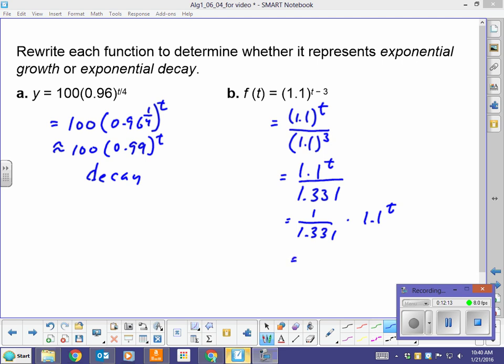And that's going to come out to be approximately, so I'm going to use the approximation sign here, 0.75 times 1.1 to the power of t. So this one, because it's greater than 1, this is growth. And actually, you see that didn't really change much at all, did it? From 1, it's 1.1 and it stayed 1.1. Okay, let's move on.